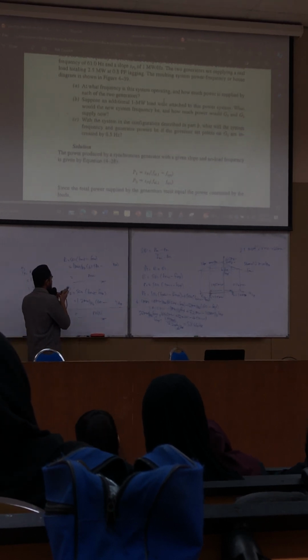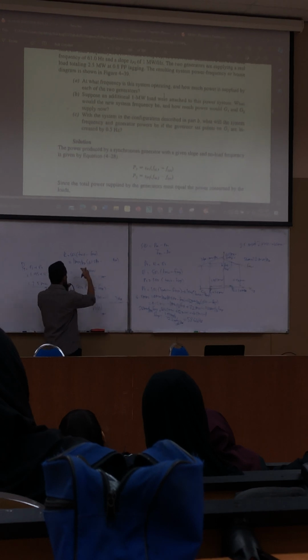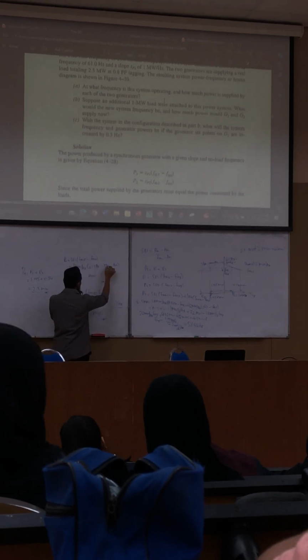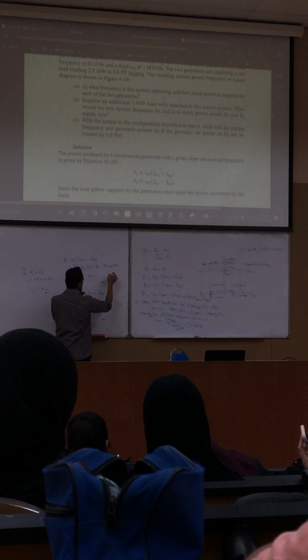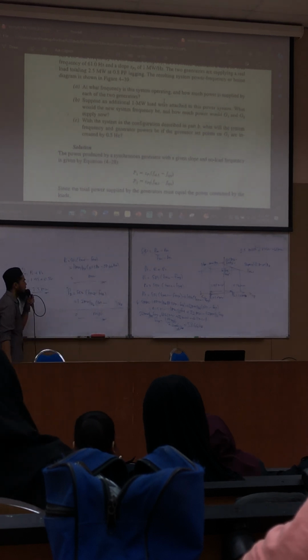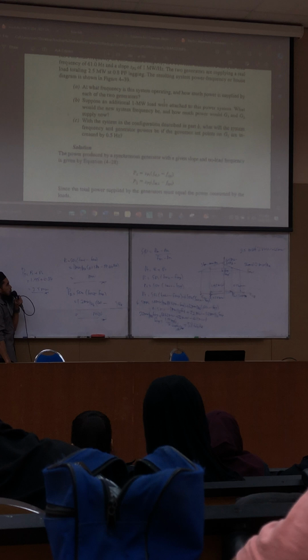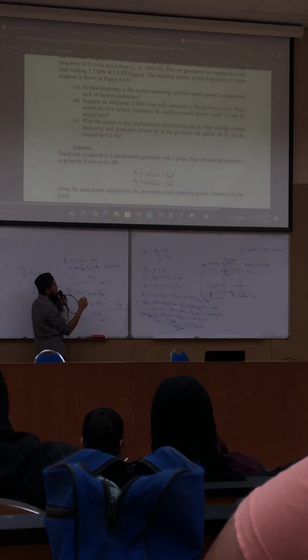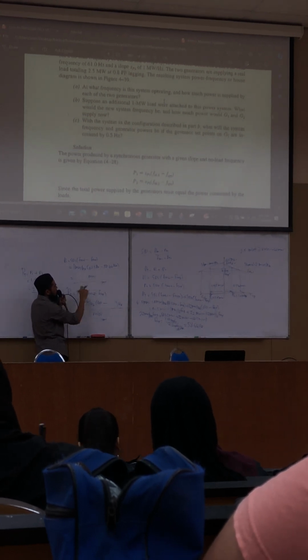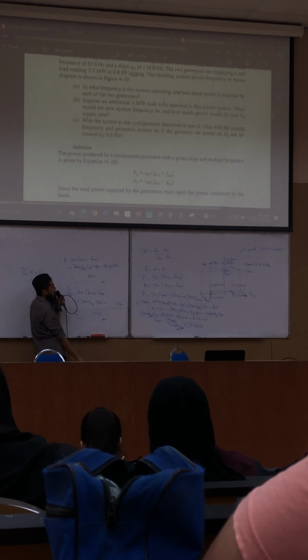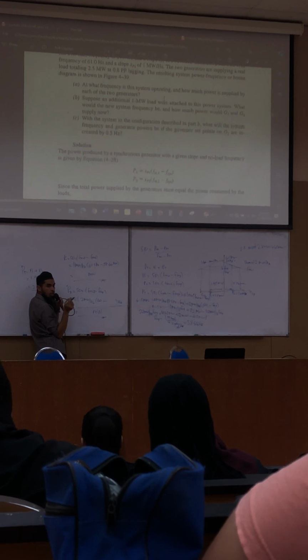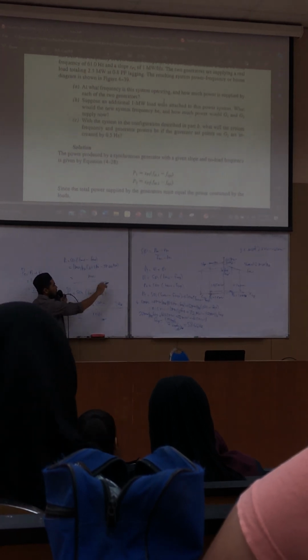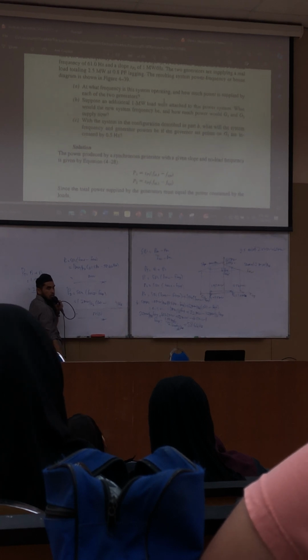58.64 Hz. So, how much is the sharing fraction? You dapat berapa portion untuk P1? Oh ni 61.5 tolak 58.64. Kalkulator 61.5 tolak 58.64 apa?